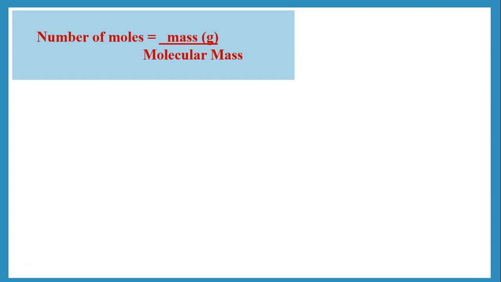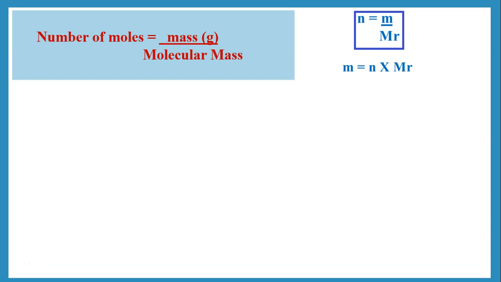So the main thing we do in chemical calculation is calculating the number of moles, and you should realize that we have several equations that we use to calculate number of moles. Either number of moles is mass over molecular mass.